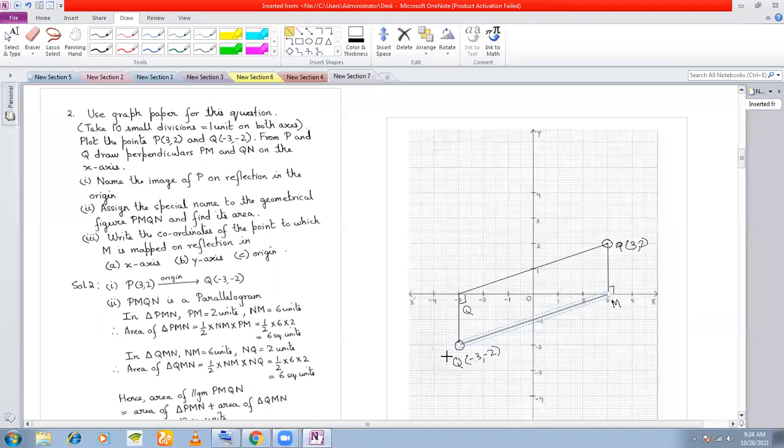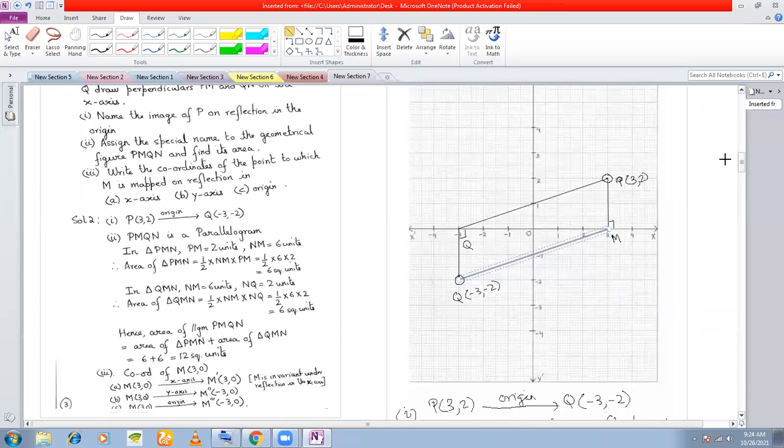What is the name of this quadrilateral? Now, it may look like a rectangle also, but if you see, the angle here is greater than 90 degrees. This angle is 90 degrees. That means obviously this angle will be greater than 90 degrees, and this angle will also be greater than 90 degrees. That means interior angles are not all 90 degrees, so it is definitely not a rectangle.